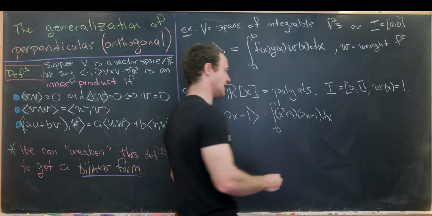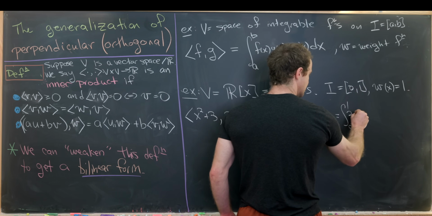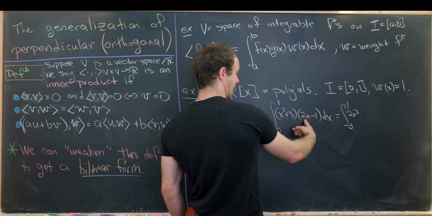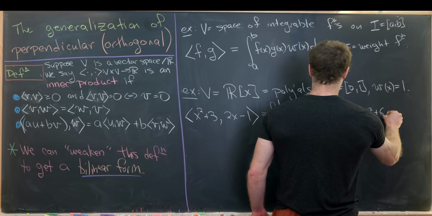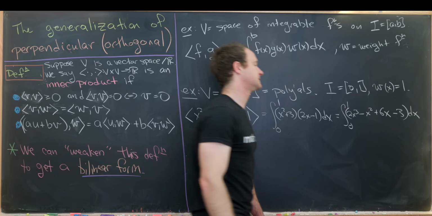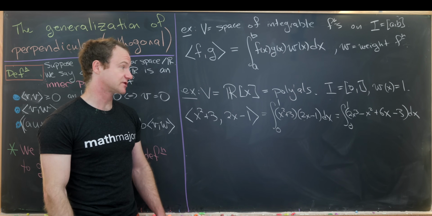Now we can just multiply that out. That's not too bad. So we'll get 2x cubed, and then minus x squared next, and then plus 6x, and then minus 3 dx. But now that's a fairly routine integral to take.